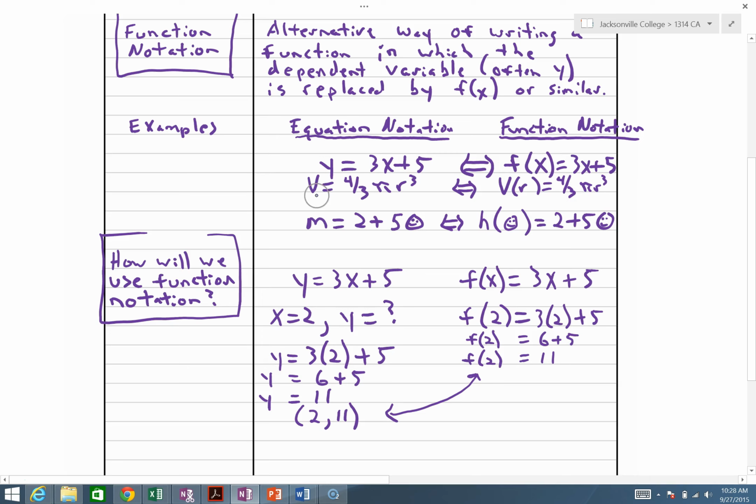V of r as being v, h of smiley face as being m in this case. This is the dependent quantity. As we advance in mathematics, you will see that function notation is used more frequently than equation notation. It's going to allow for some more utility. Let's take a look at some of our problems from XYZ.